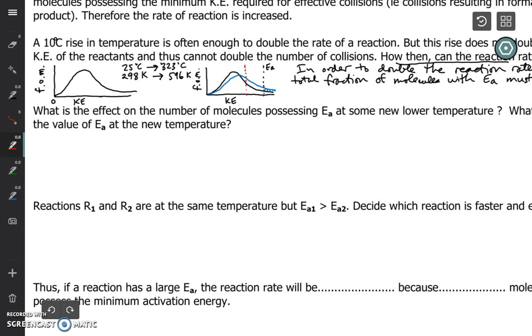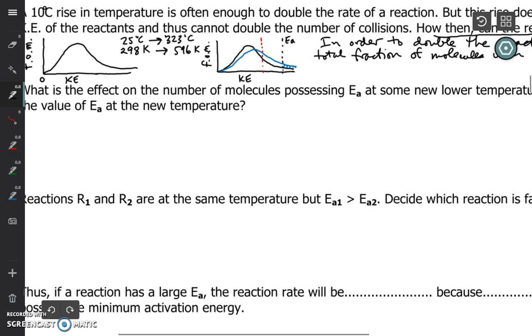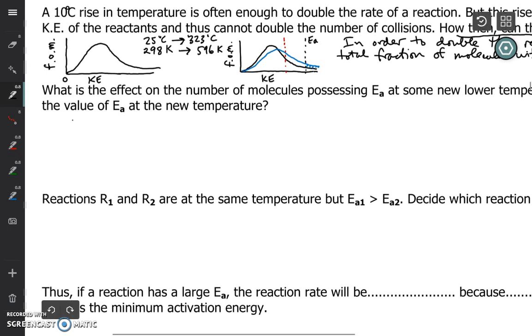So when we talk about the number of molecules, we're looking at that, again, that total fraction, the area of the curve that is past that activation energy. This question is very similar to the one we just did. Basically, it's just forcing us to draw the curve one more time. It's important to be comfortable drawing these curves.